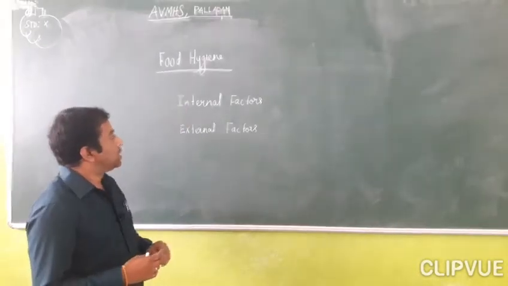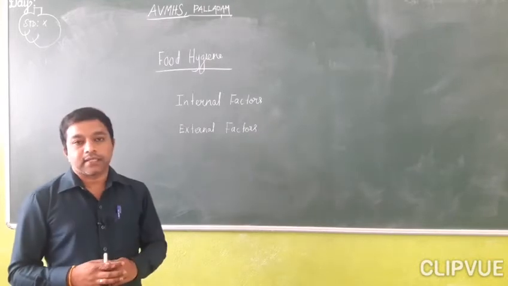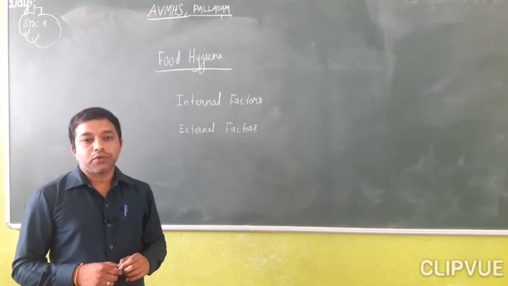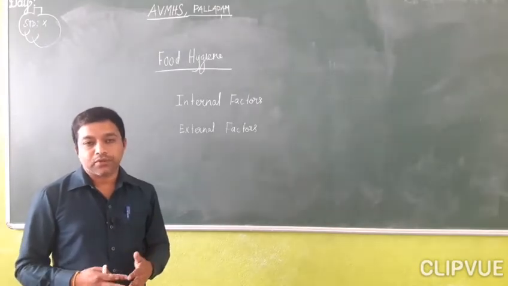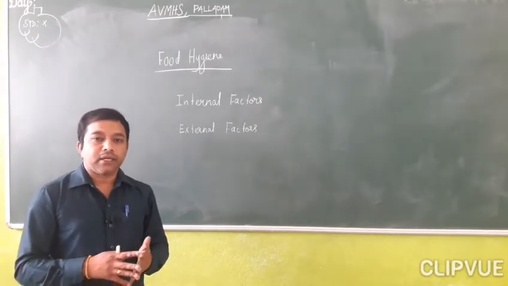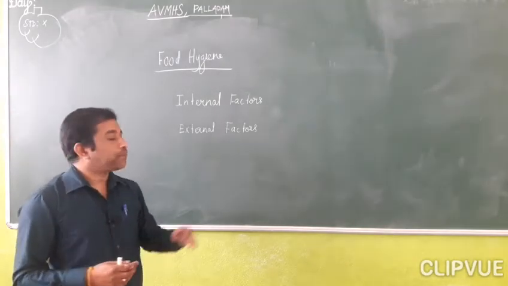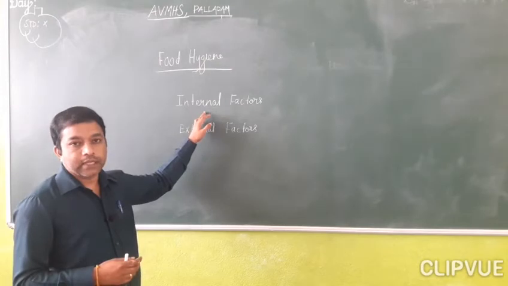First we'll see internal factors and external factors. Internal factors, how the food gets spoiled: through certain enzymes and certain moisture content, it can be easily spoiled. Clear?